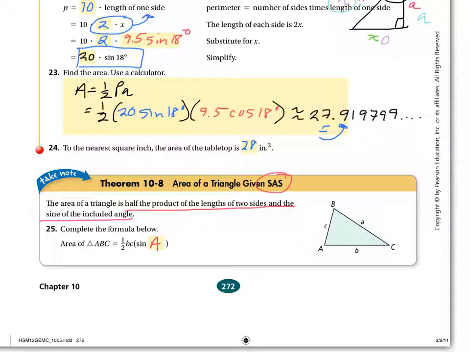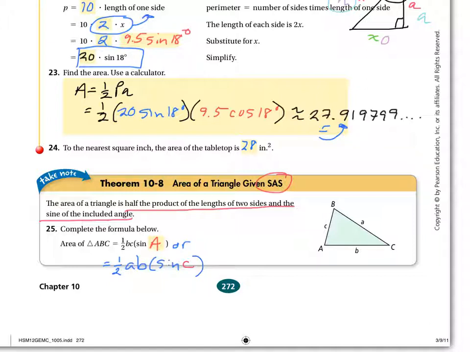So instead, I could have written 1/2, instead of B and C, let's do A and B, times the sine of, so if I've got A and B, what's the included angle in between A and B? C. So we would do the sine of C. Does that make sense? Is that always sine? It will always be sine.